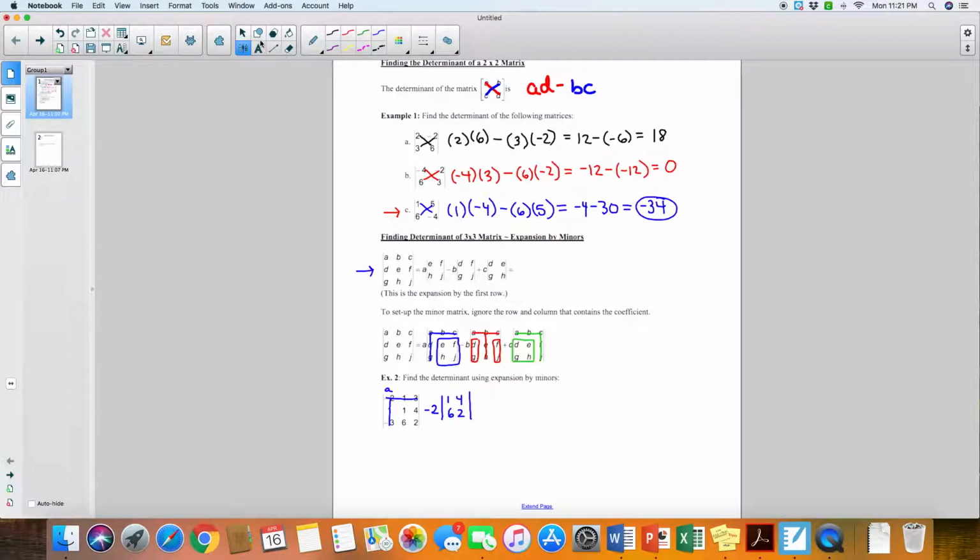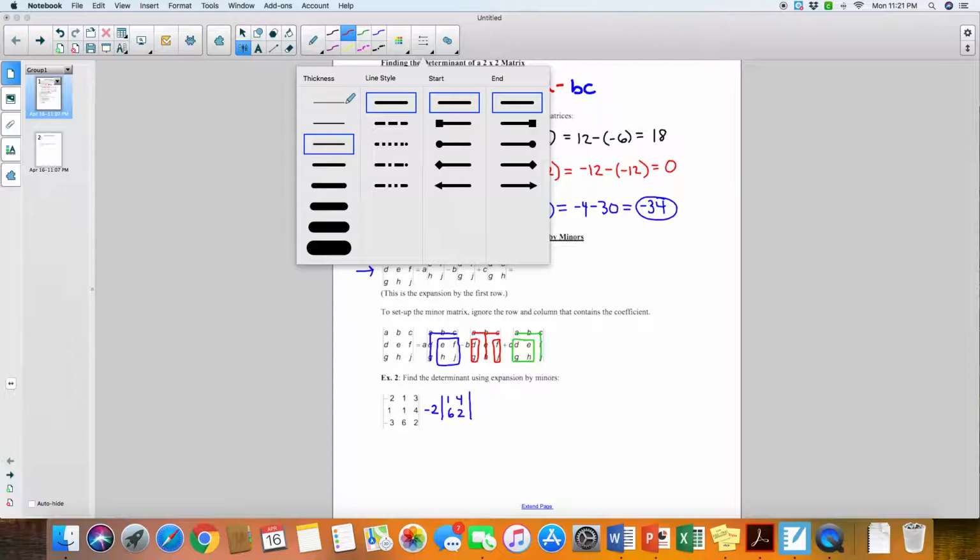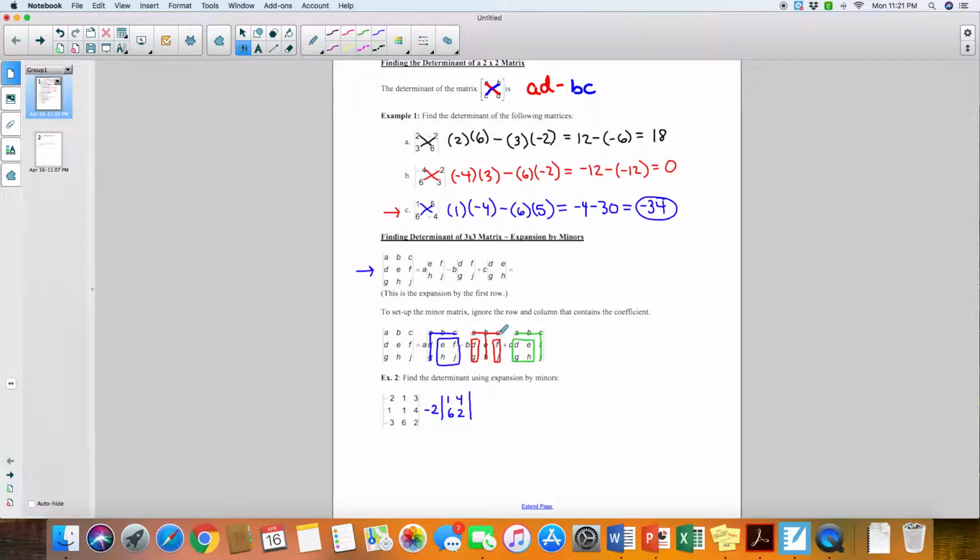So then the next one. Now I have to do B. B I had color-coded red. B is going to be the second element on the first row, so that would be a 1. And it's going to be -1 because that's the formula. You would subtract, then add. So it would be -1.